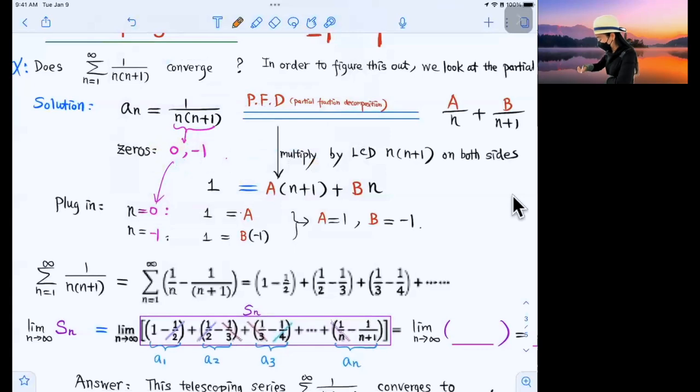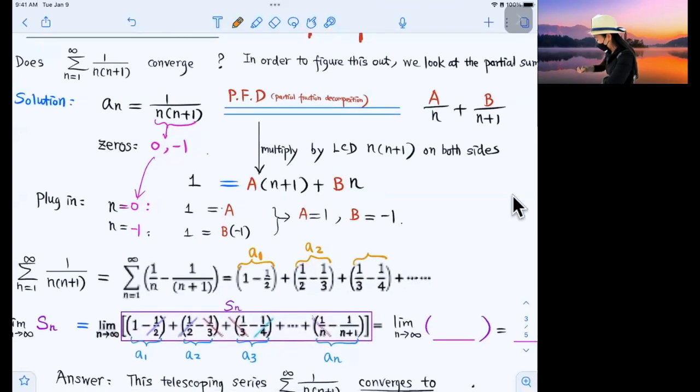A1 is 1 minus 1 half, when you substitute 1 in it.